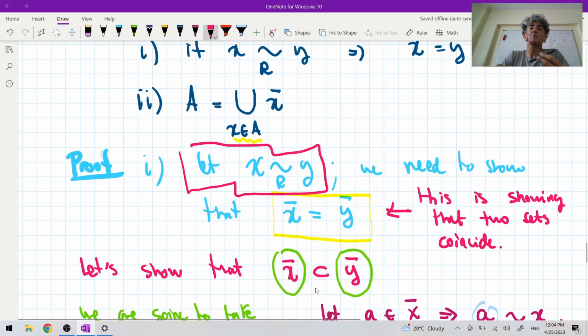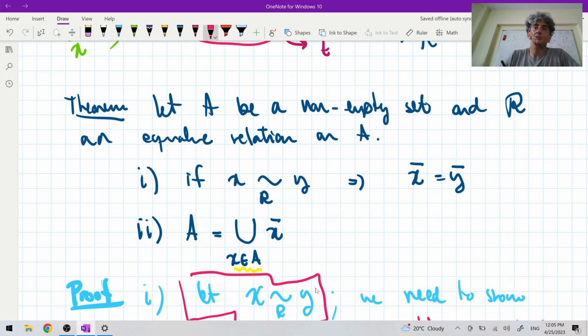So we have proved assertion number one. If two things are related, then they have the same equivalence class.